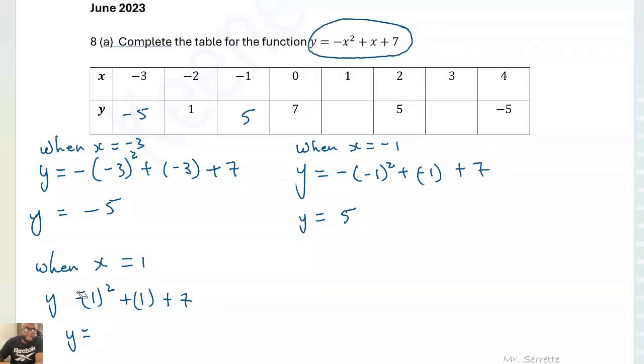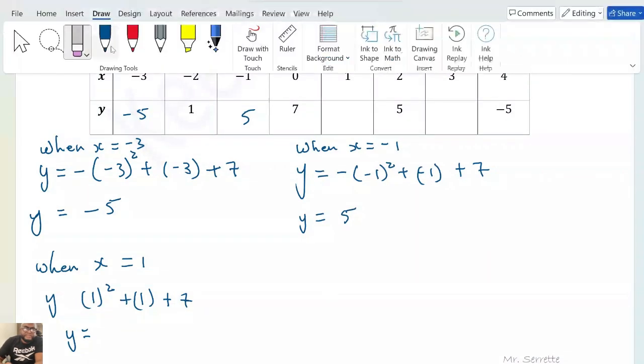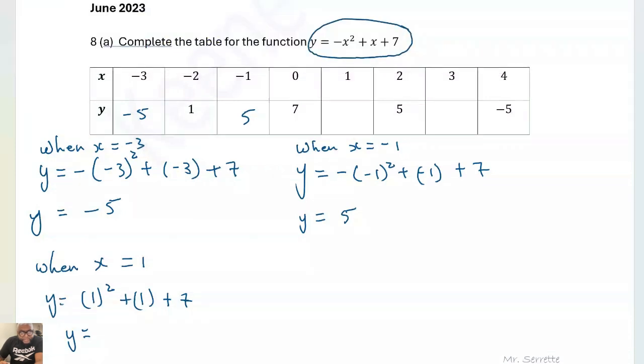Very good. So let me just erase here. So this will be equal to -1 squared plus 1 plus 7. But 1 squared is 1, and then it will be -1 plus 1, which is 0, plus 7. The answer is 7, all right?